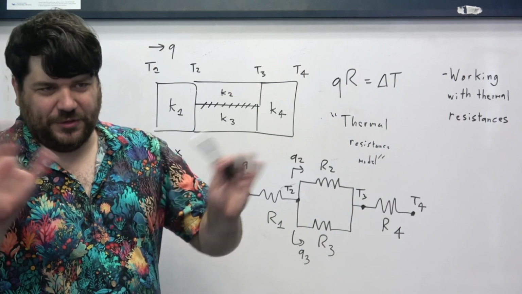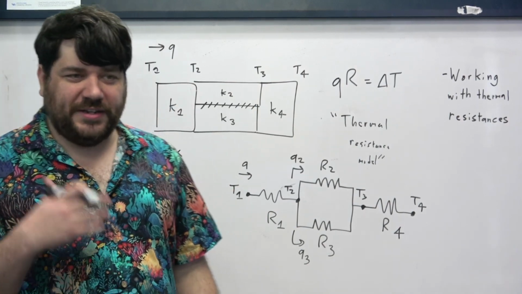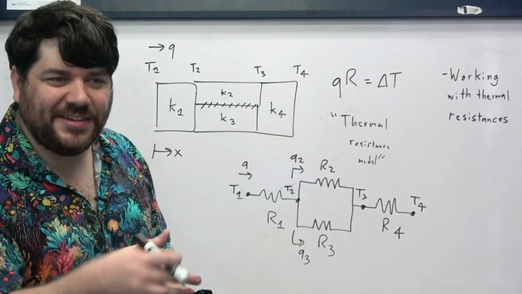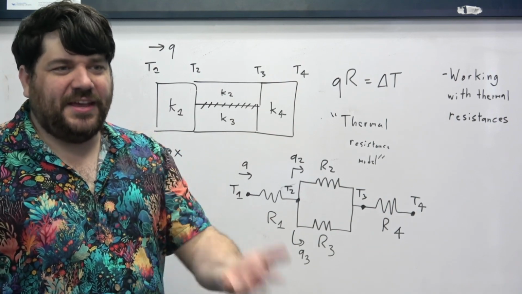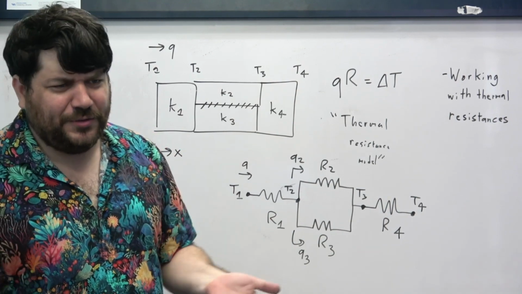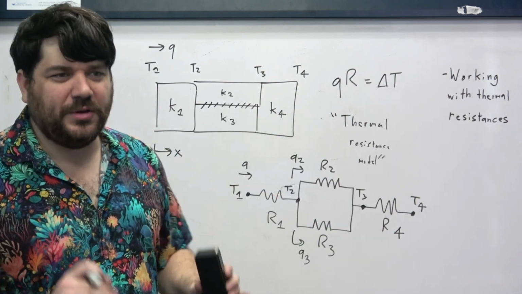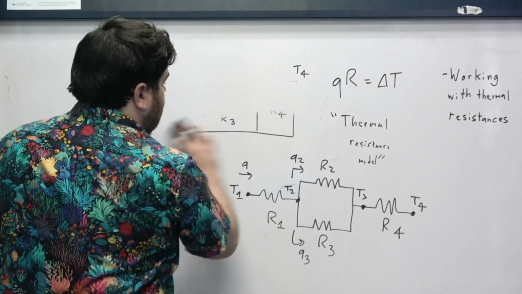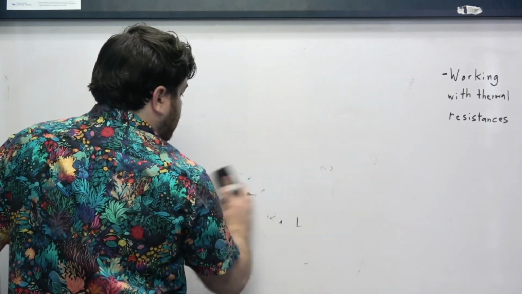And the answer is yes, assuming you have enough information. And it has to do with some common rules that occur whenever you connect thermal resistances in series or in parallel. And they are directly the same as their electrical analogs. So if you already know a little bit about electrical circuits, then nothing that you should be seeing or will see here is surprising. So let's consider what happens when we analyze resistances in series.